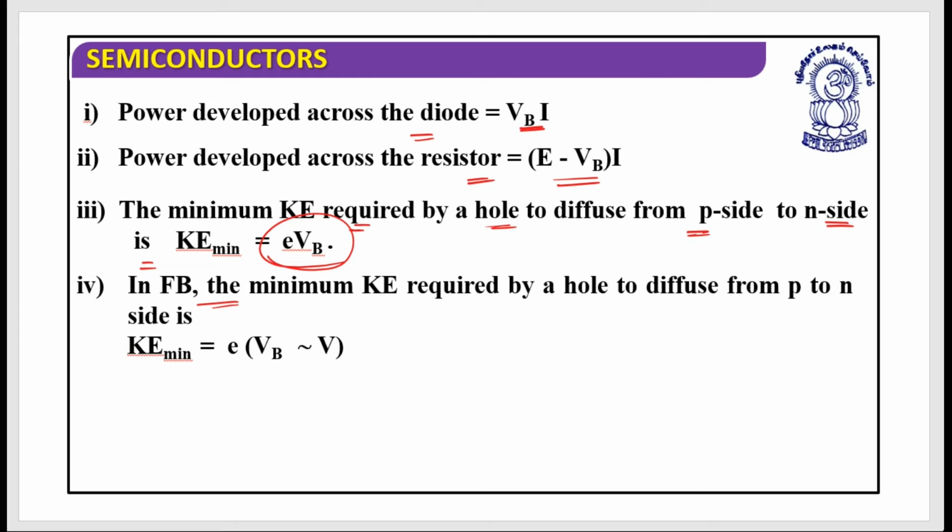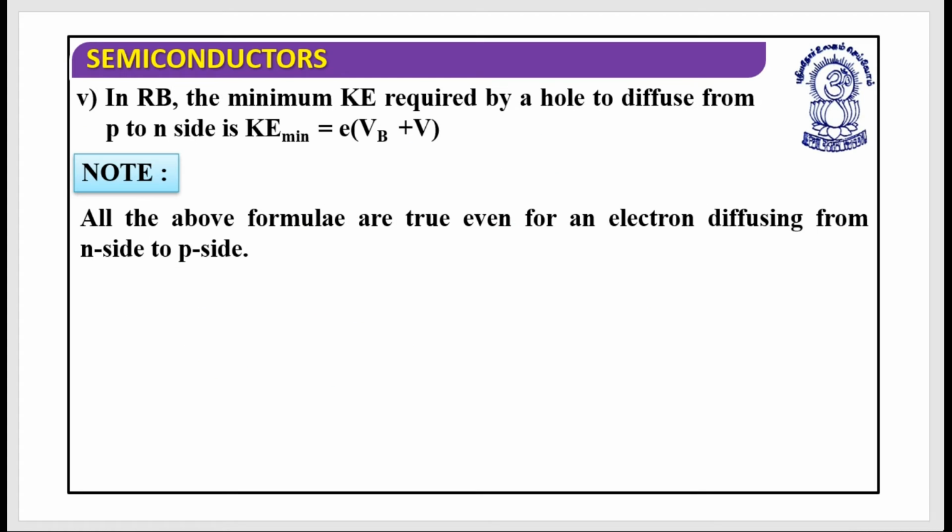In forward bias, the minimum kinetic energy required by a hole to diffuse from the P side to the N side is E into (VB minus V). In reverse bias, the minimum kinetic energy required by a hole to diffuse from the P side to the N side is E into (VB plus V).